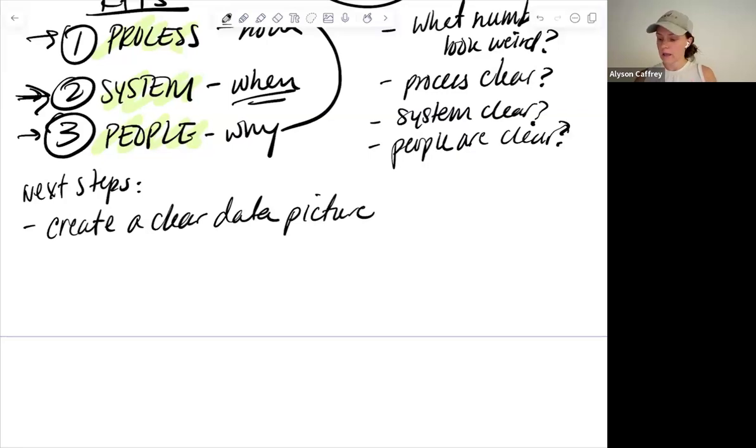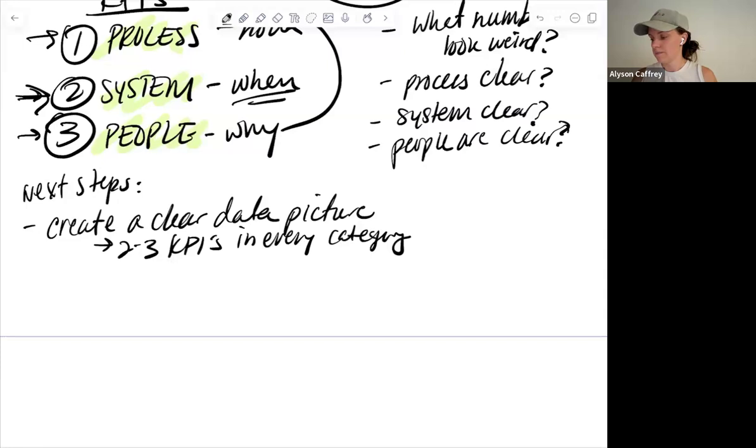So this will be really 2 to 3 key performance indicators in every category, right? In every category means if you have processes that you need to create key performance indicators for, you want to look at some of the core processes in each of your departments. So create 2 or 3 of those.